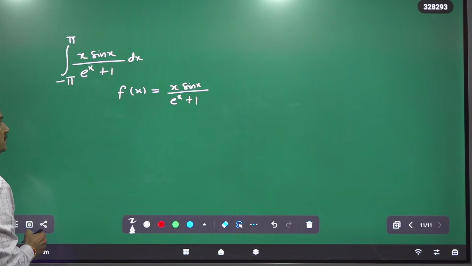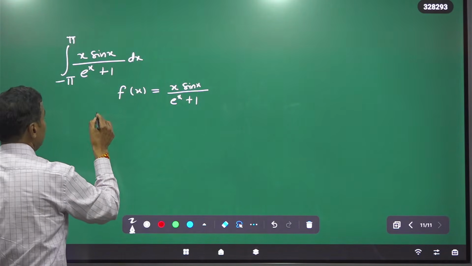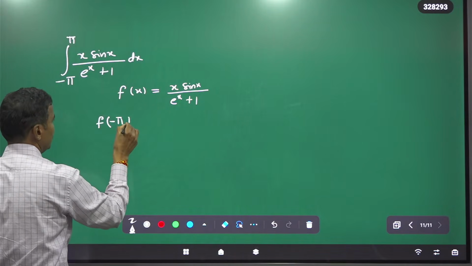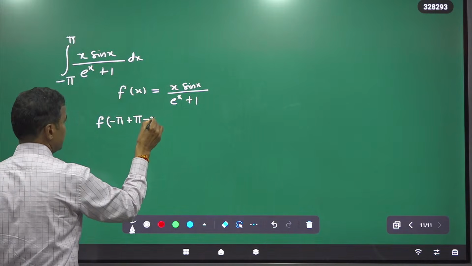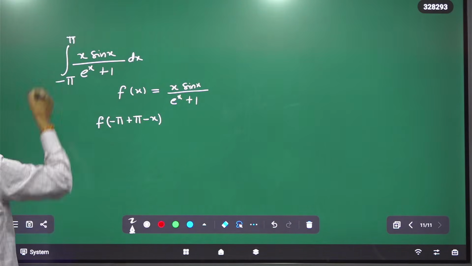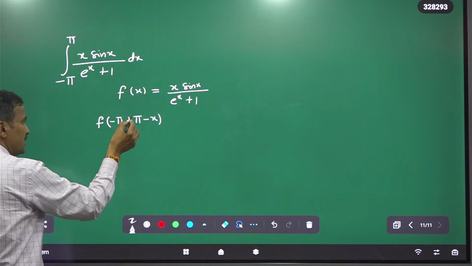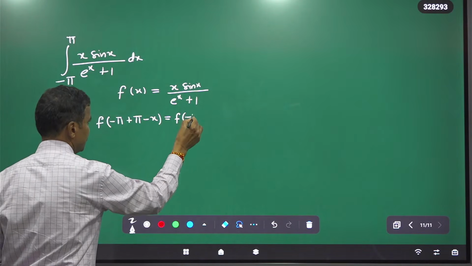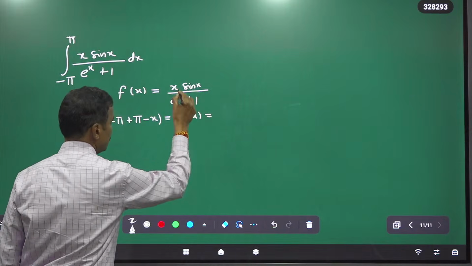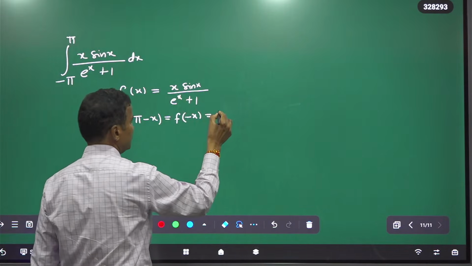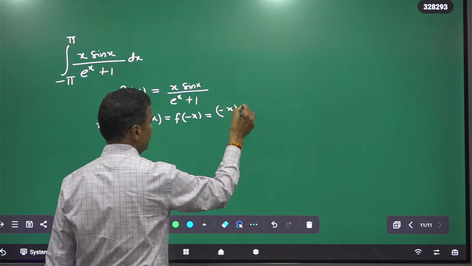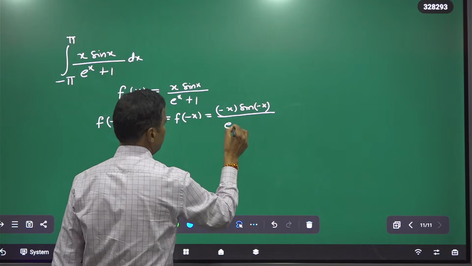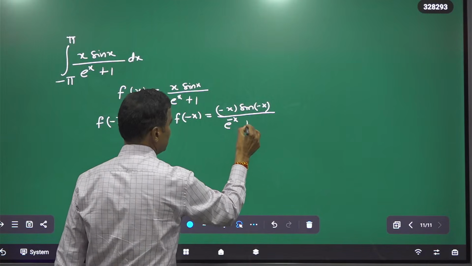Now suppose we write f of a plus b minus x, where a is minus pi and b is pi. So f of a plus b minus x is nothing but f of minus x. In the place of x we write minus x, so we get minus x and sin of minus x divided by e power minus x plus 1.